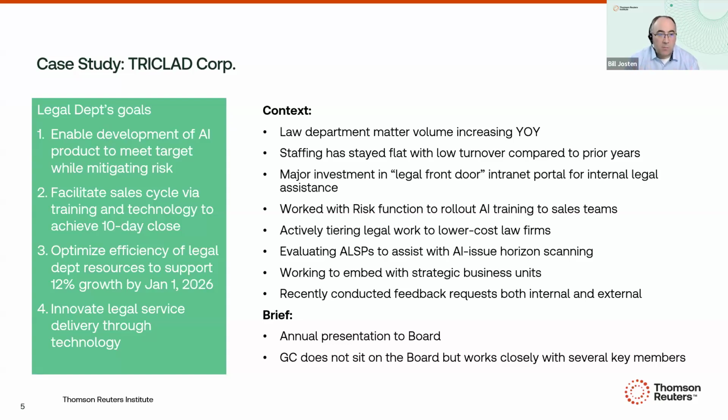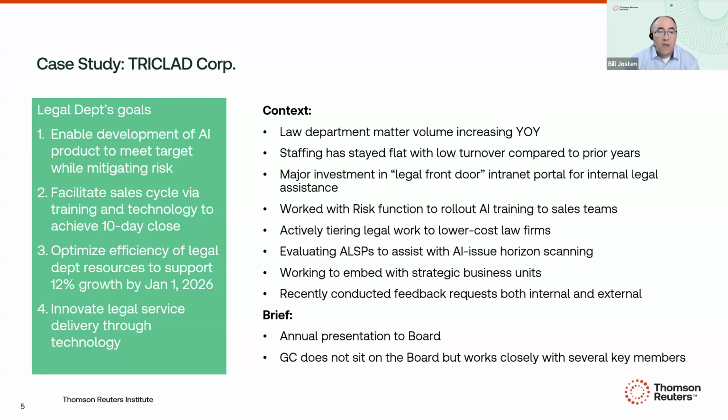We want the law department to facilitate the sales cycle via training and technology to achieve a 10-day close for our sales teams. How do we enable that while still being able to do the other things we need to do in terms of effectiveness and protection of the business? We also want to optimize the efficiency of the legal department by supporting that 12% revenue growth target.